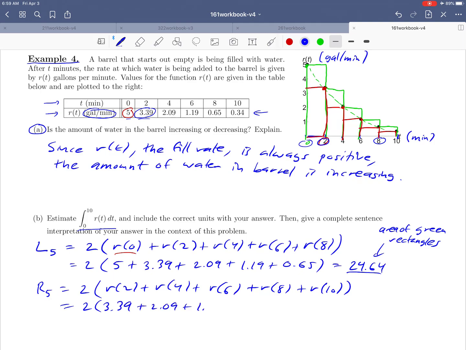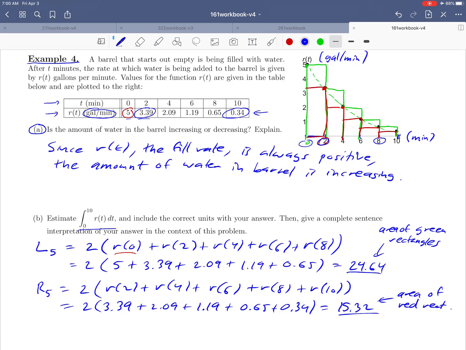I'm just taking these numbers from the table. Okay, and the last number in the table is 0.34. You can punch that into your calculator and discover that you're going to get 15.32 out of this. Okay, and that is the area of the red rectangles in our picture.